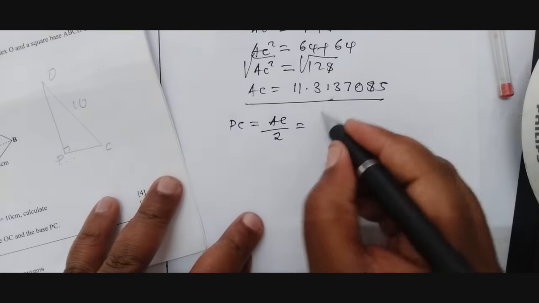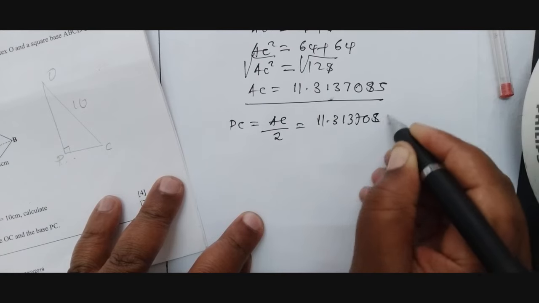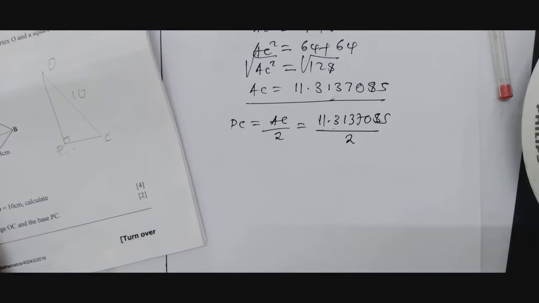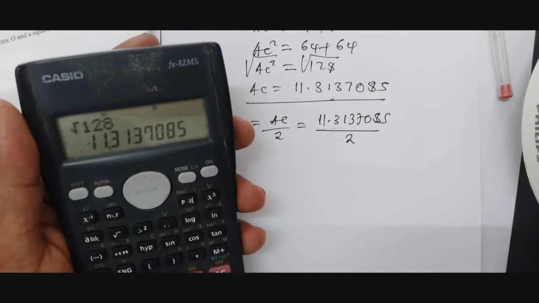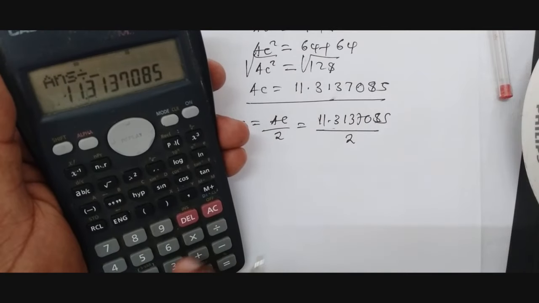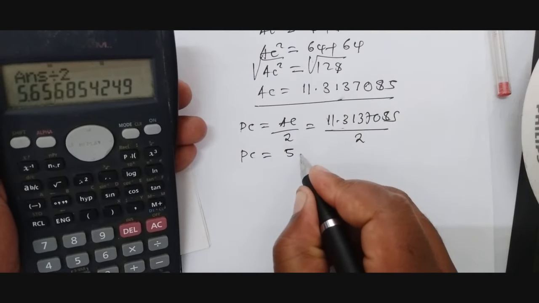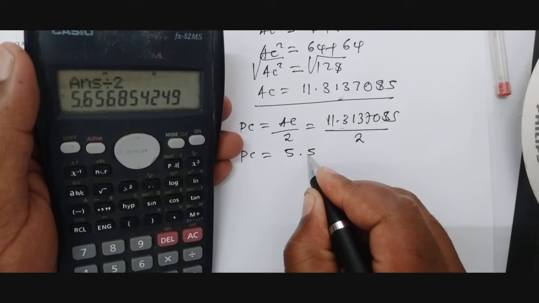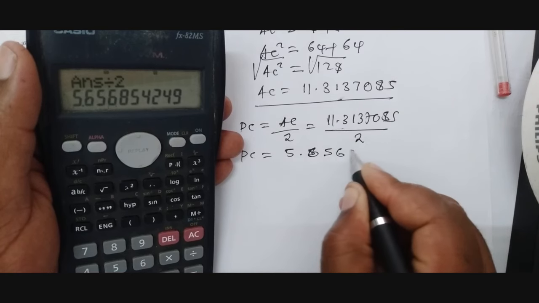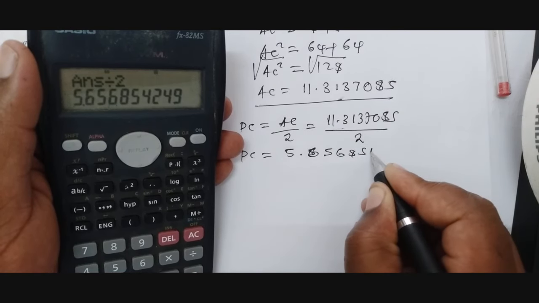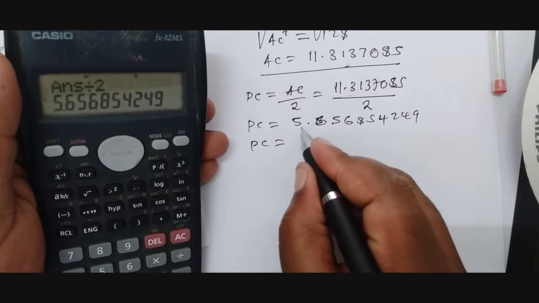We divide 11.3137085 by 2, and we get PC to be 5.656854249. Correct to 3 significant figures, PC is 5.66.